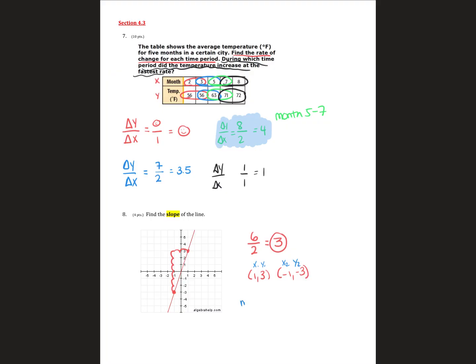And I'm going to use the slope formula, which you need to have memorized. We get -6 over -2, which is 3. I want you using two ways on this test to find slope. So it's a great way to check.